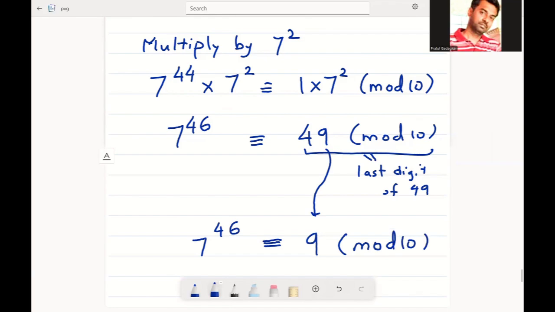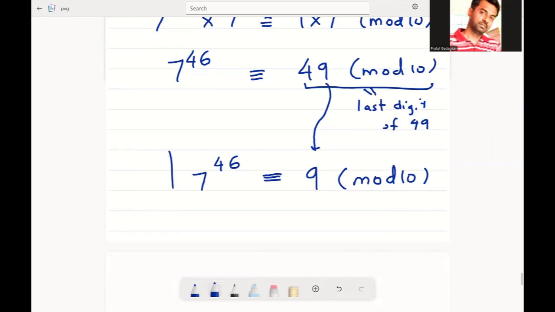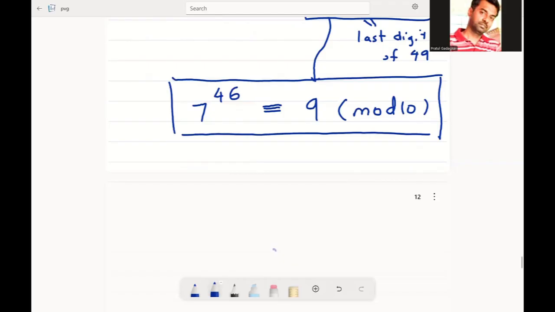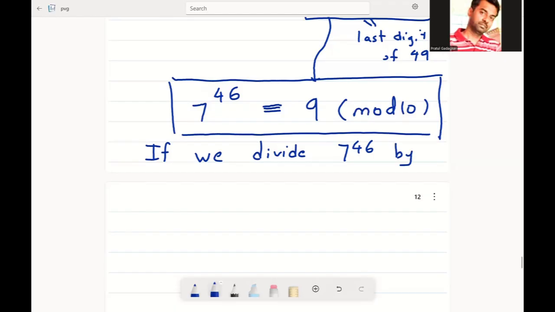So the statement that we have written here is trying to tell you that if we divide 7 raised to 46 by 10, the remainder is 9.